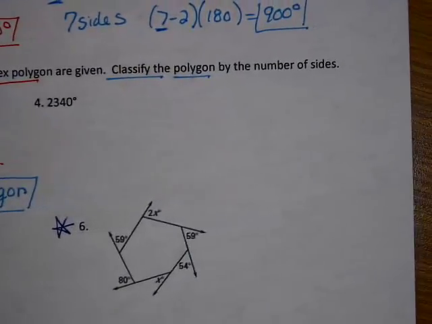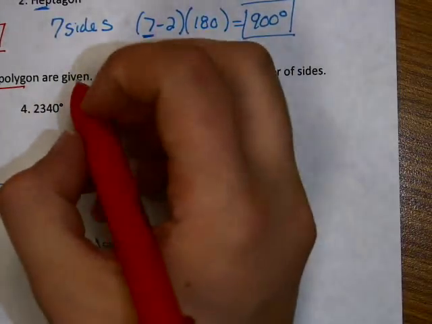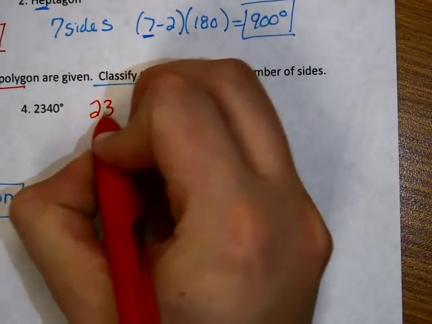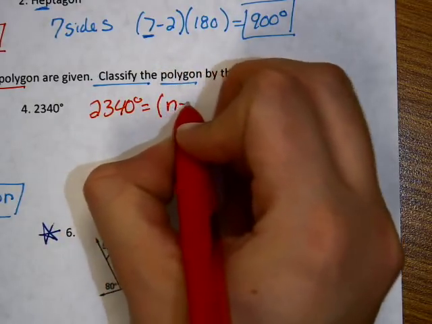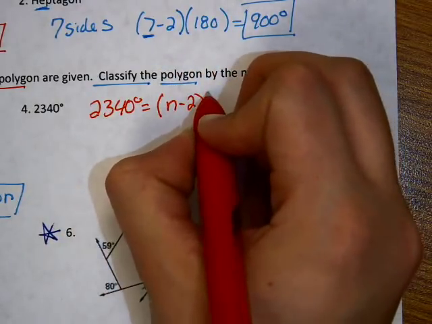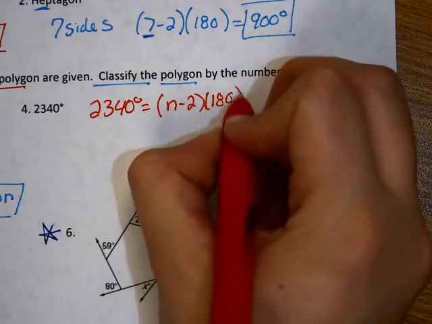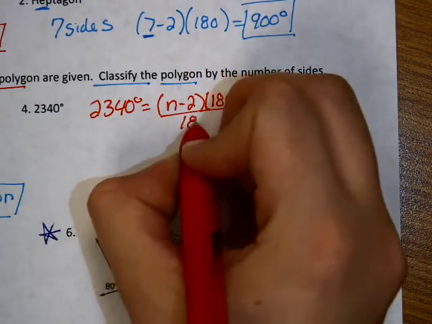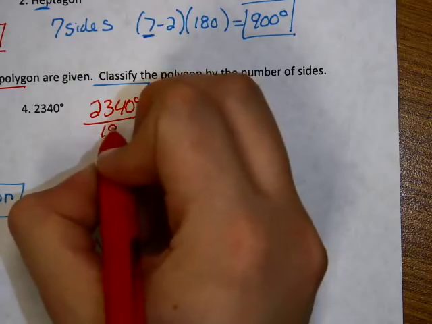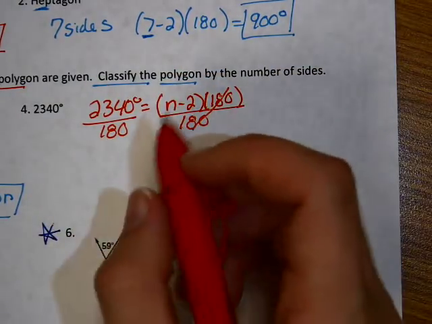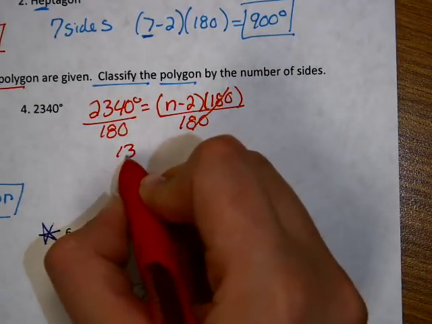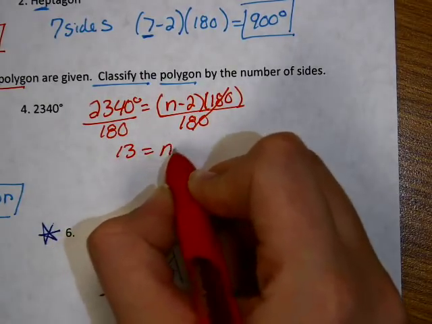All right, let's look at number 4. This time I have 2,340 degrees, and I'll set that equal to n minus 2 times 180. Again, we want to solve for n to figure out the number of sides. When I divide, I get 13 is equal to n minus 2.